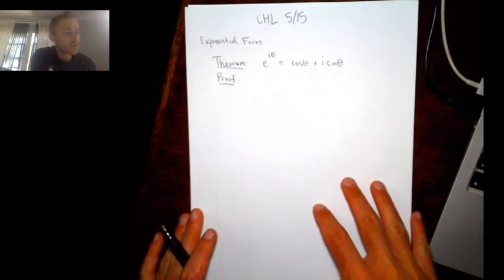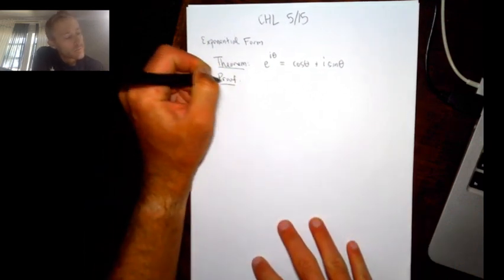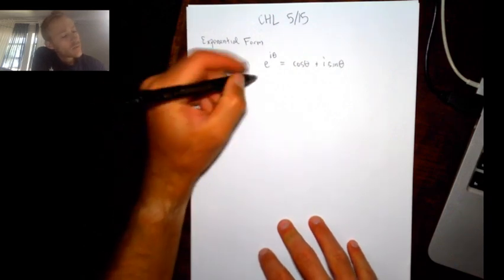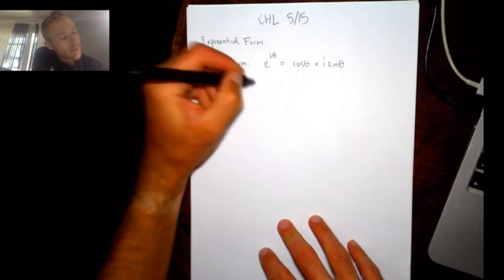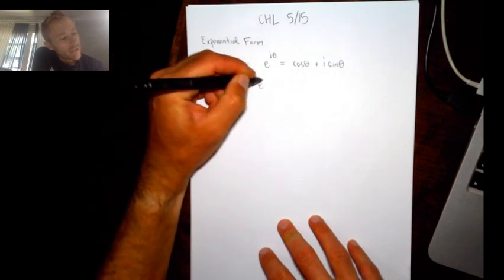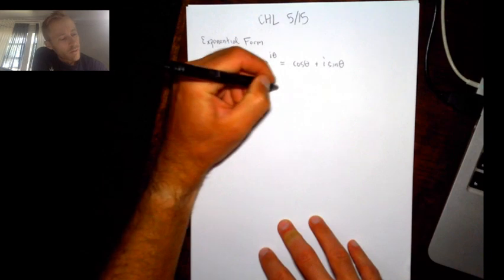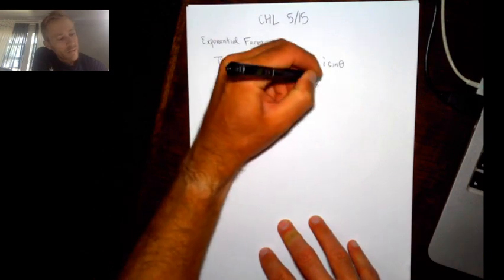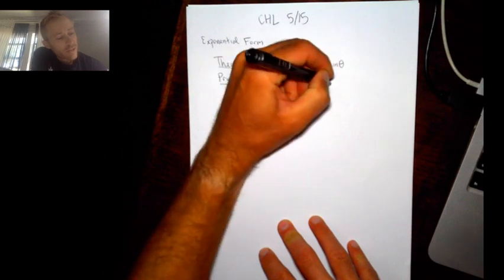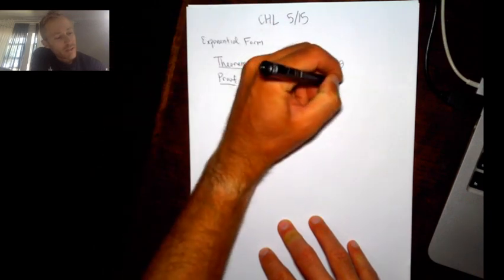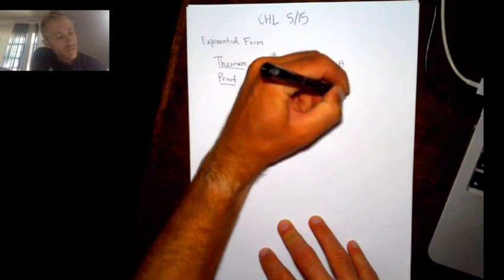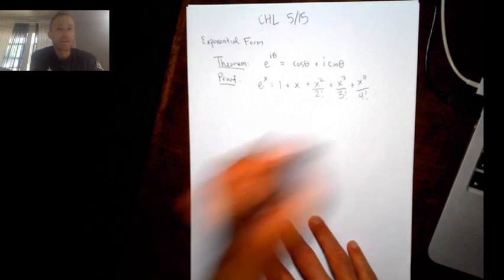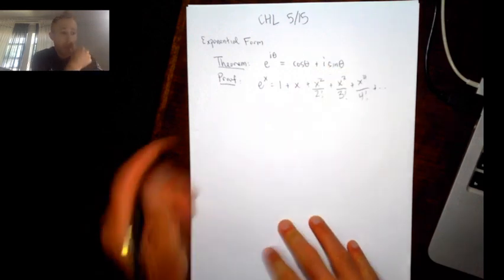So for example, e to the x is 1 plus x plus x squared over 2 factorial plus x cubed over 3 factorial plus x to the fourth over 4 factorial, etc.